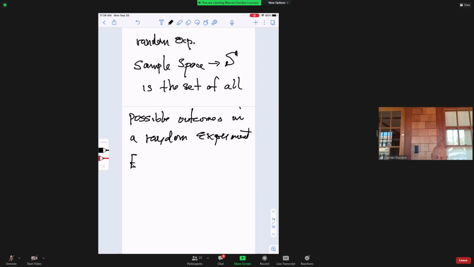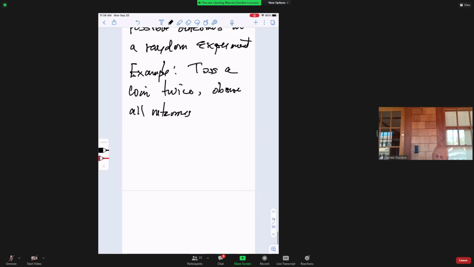Example. Toss a coin twice and observe all outcomes. Well, if I toss a coin twice, what can happen? I can get a head on my first toss, or a tail on my first toss.